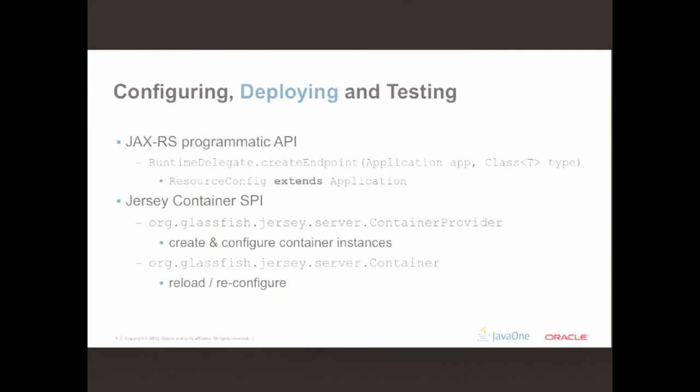Basically, you can at runtime just change your application, pass in new configuration, pass in a new resource config or a new application, and just say reload, and the container will reload with the new application, while making sure that all the old clients currently communicating with the application will not lose connection and will still work and communicate with the old application until all the clients are gone, and all the new client connections are going to the new version of the application.